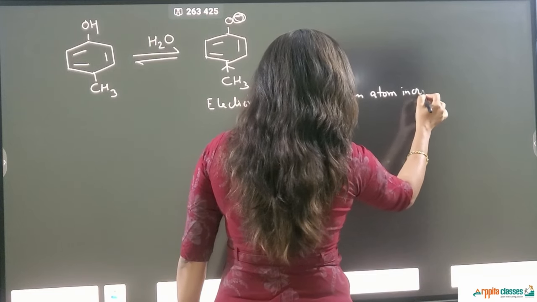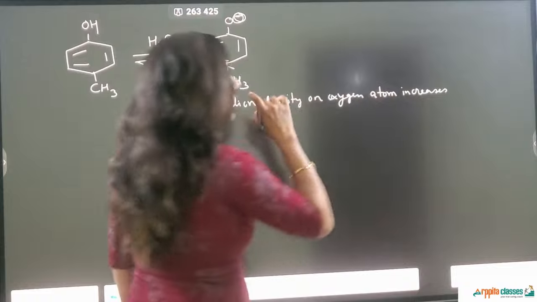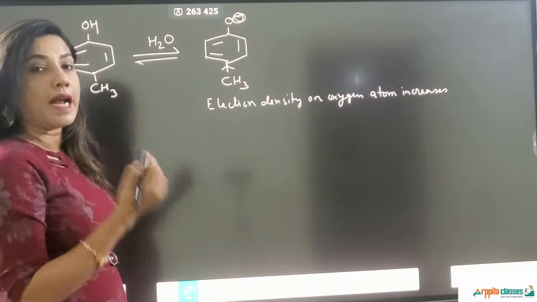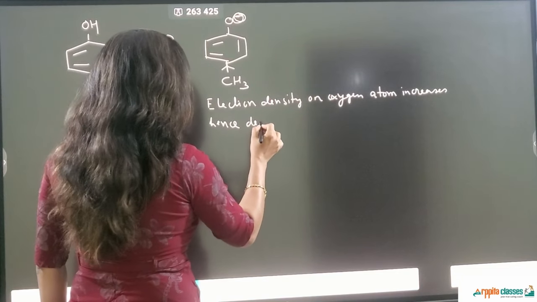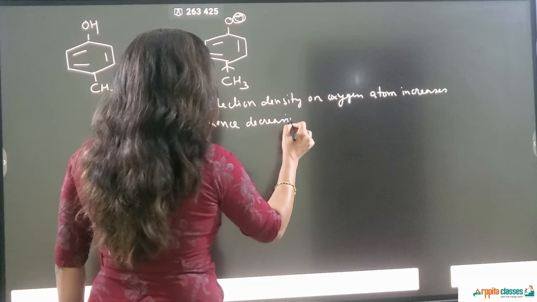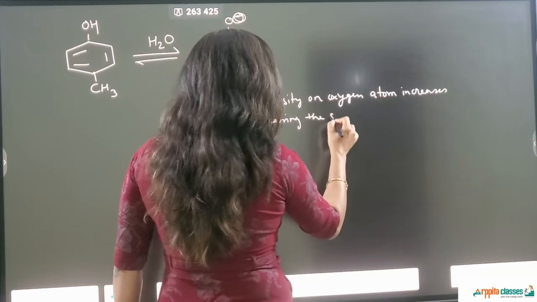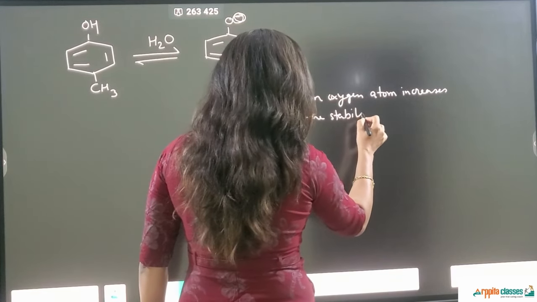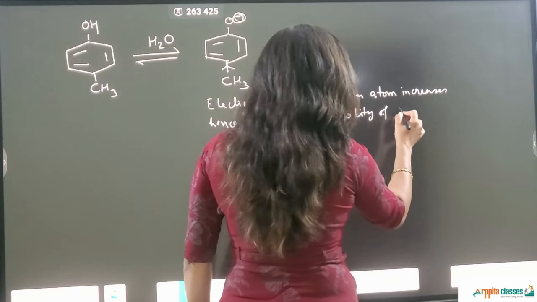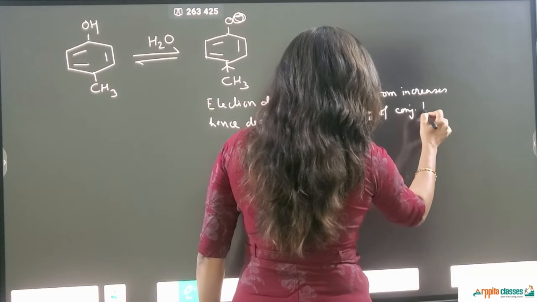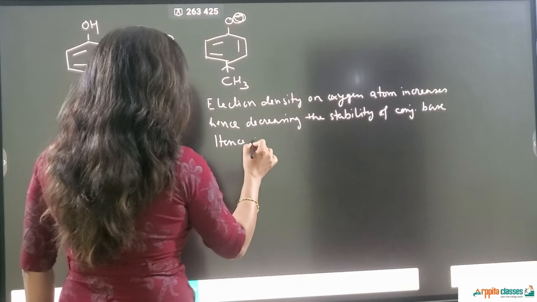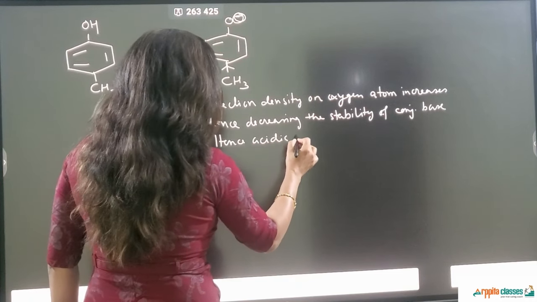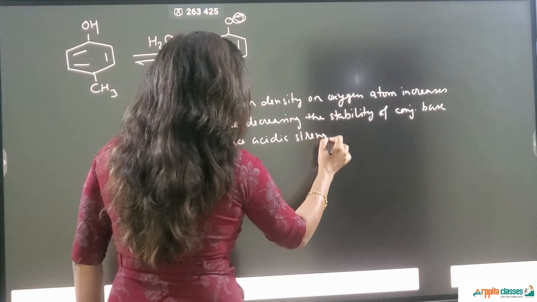So we can see that the charge is not getting distributed, but it is getting concentrated at a particular atom, and hence decreasing the stability of the conjugate base. Hence acidic strength decreases.